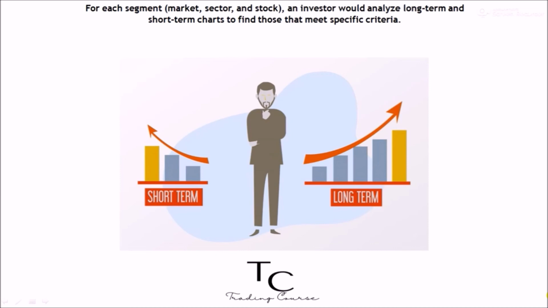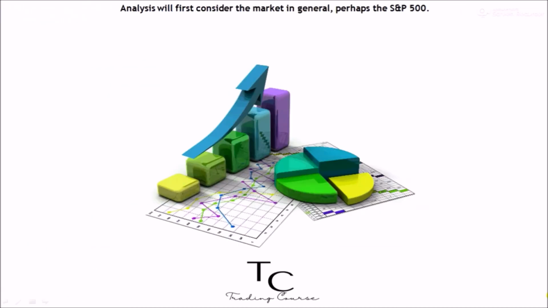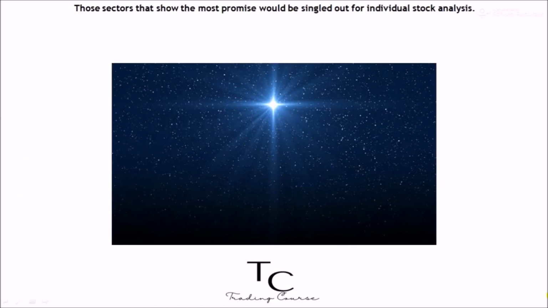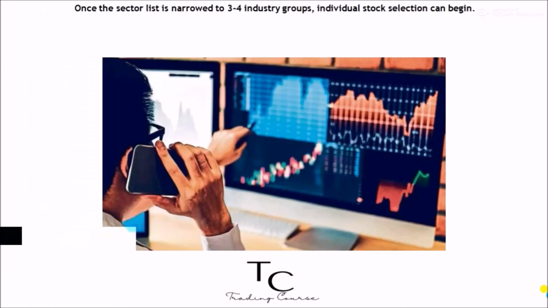Analysis will first consider the market in general, perhaps the S&P 500. If the broader market were considered to be in bullish mode, analysis would proceed to a selection of sector charts. Those sectors that show the most promise would be singled out for individual stock analysis.